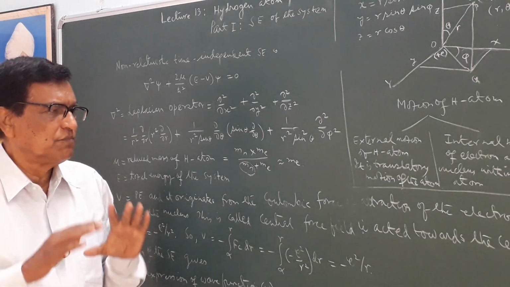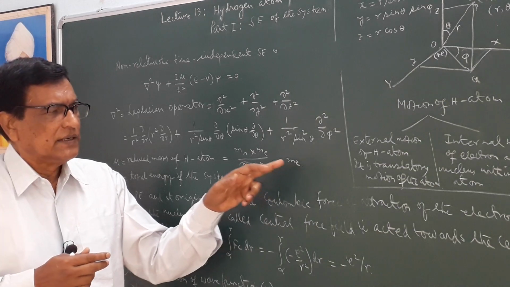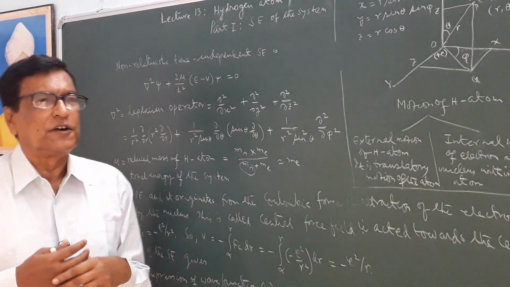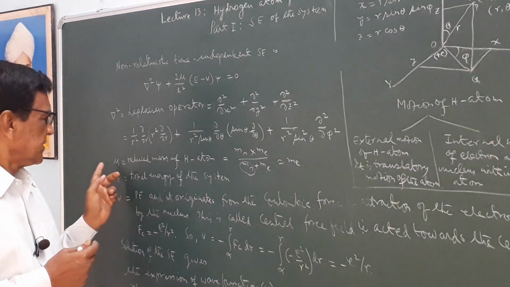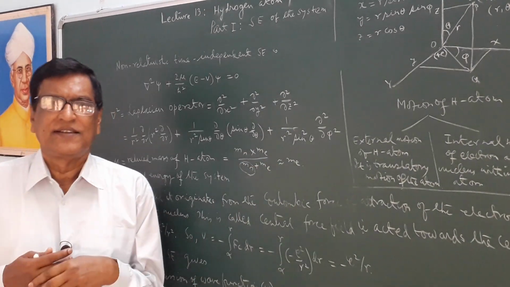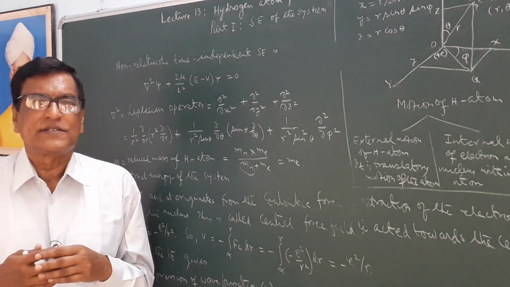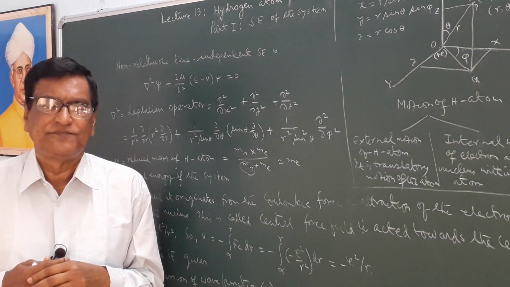Though for the motion of the electron we can also write Me instead of mu, we shall continue to write mu instead of Me. This reduced mass measures the contribution of the moving particles in the process of the rotation.